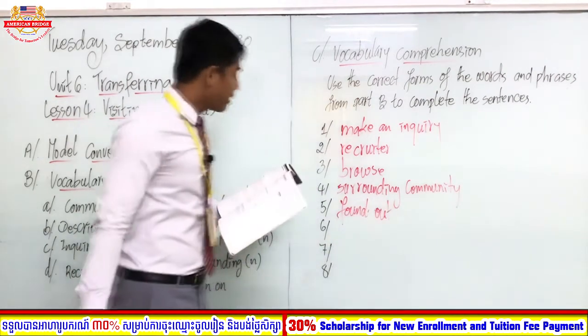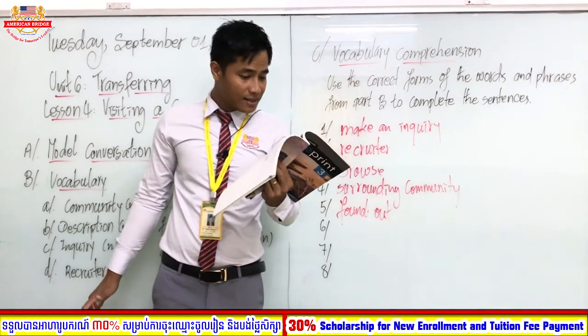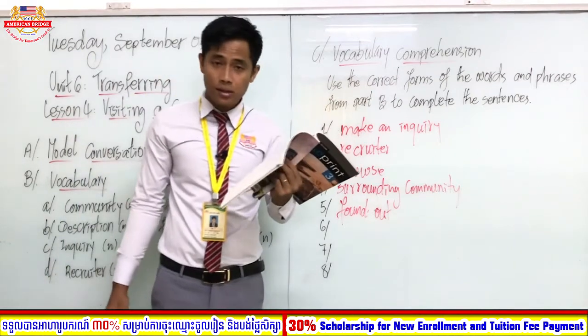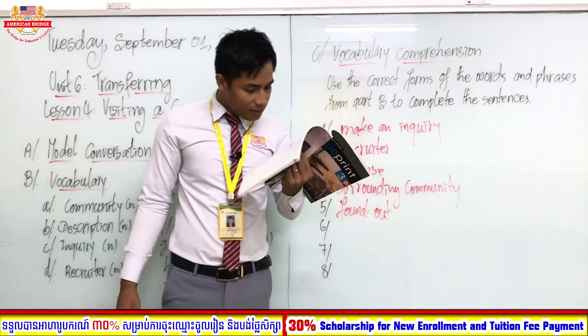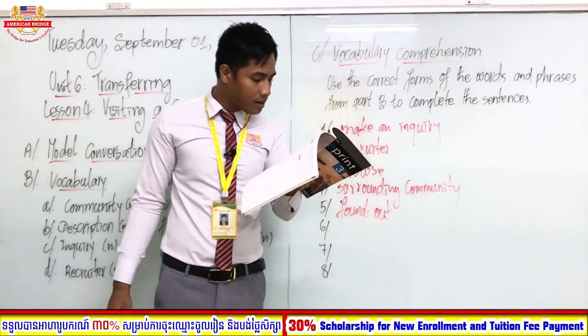Okay, students, in part B this is find out, right? But we use it over here in the past, so we have to change the verb into the past. Found out there's a hospital, a shopping mall, and nature parks nearby.